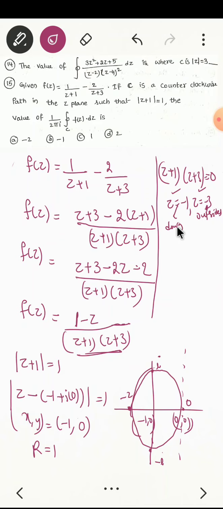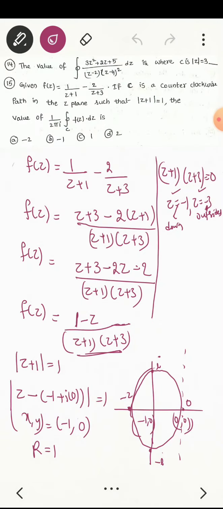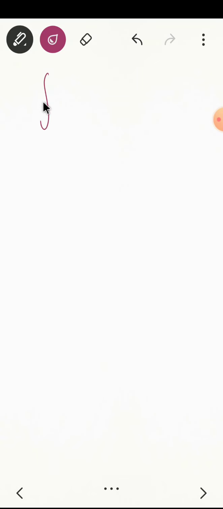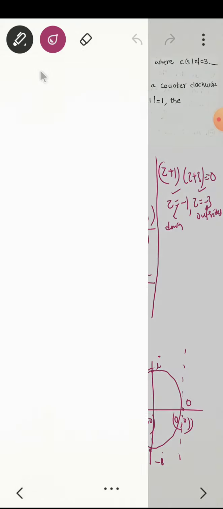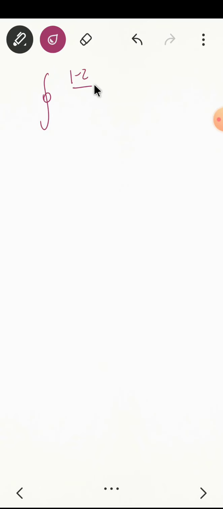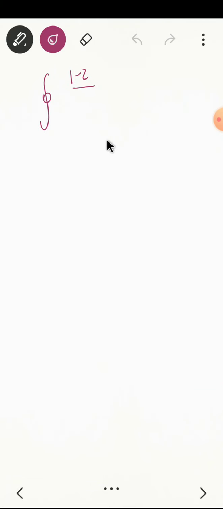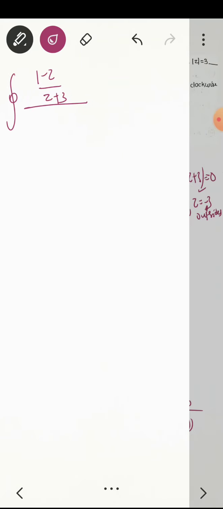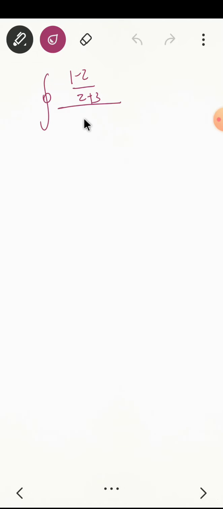Now what you will get: the integral of (1 minus z) by (z plus 3). I will send z plus 3 upward because it is outside. Whichever is lying inside, I will send down. z plus 1 is lying inside, so it goes down.